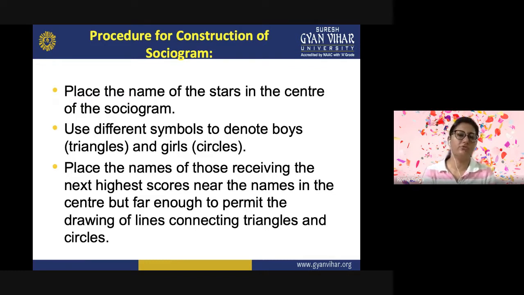Place the names of those receiving the next highest scores near the names in the center, but far enough to permit the drawing of lines so that you can connect the triangles and circles. If you situate the people too close to the stars, you will not be able to draw proper lines.